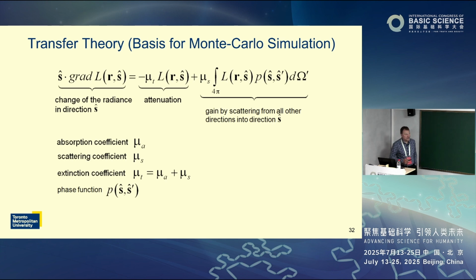So coming back to the transport theory, because this is probably the most accurate description of the light distribution in biological tissue. It comprises a few terms. The result is the change in the radiance in a certain direction, and that equals the negative term of the attenuation, so that's why it's negative.